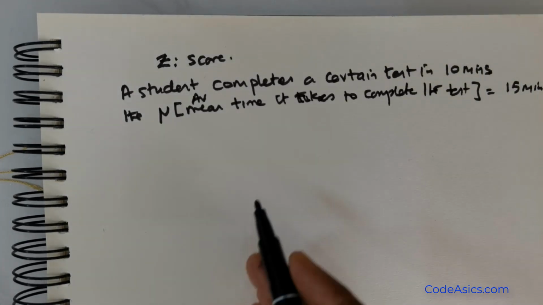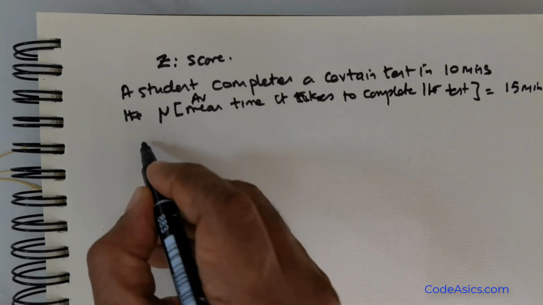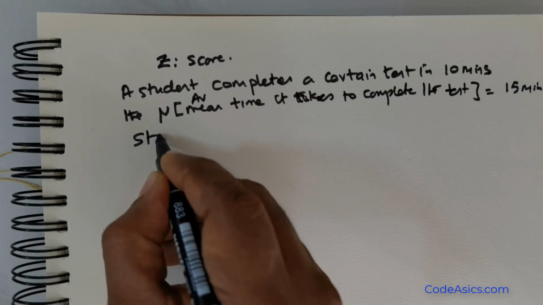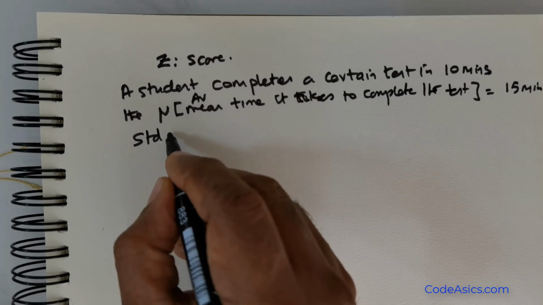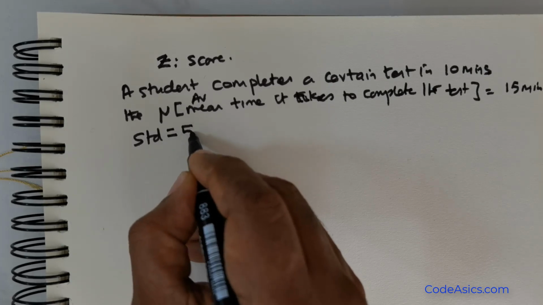So this is the average time, but the student has taken 10 minutes. Now the standard deviation for this particular observation is given to be 5.